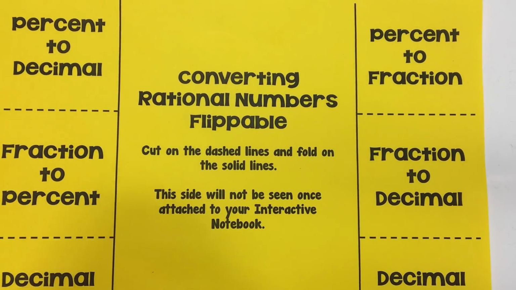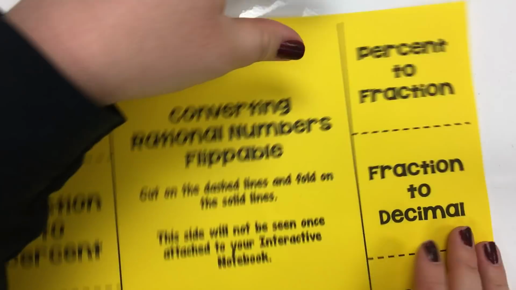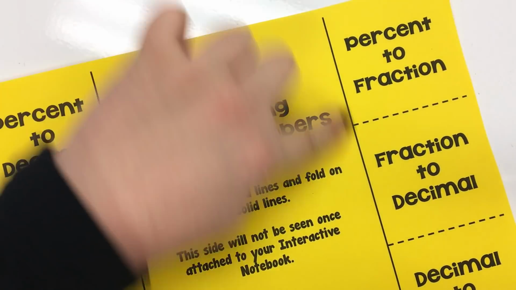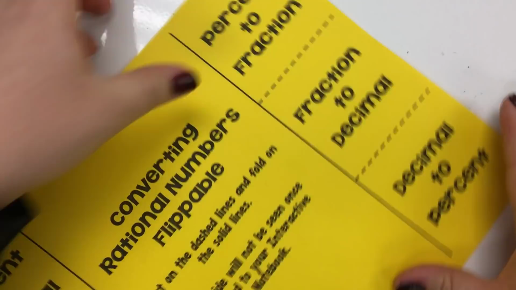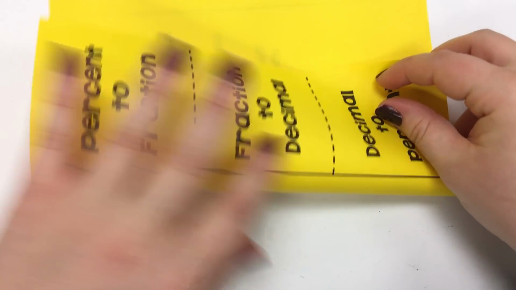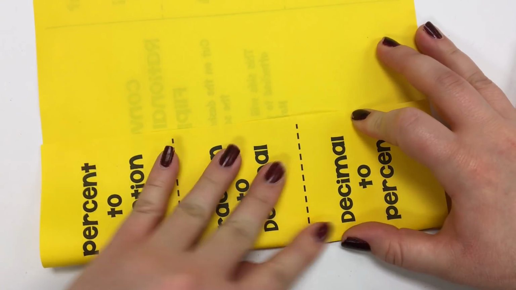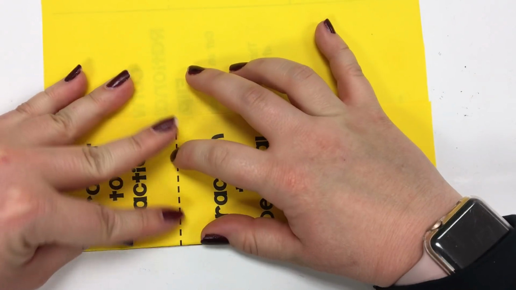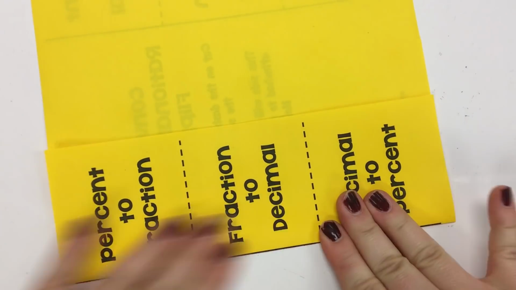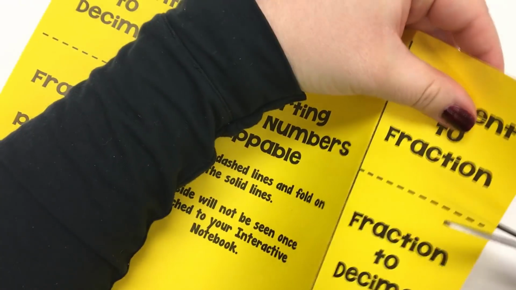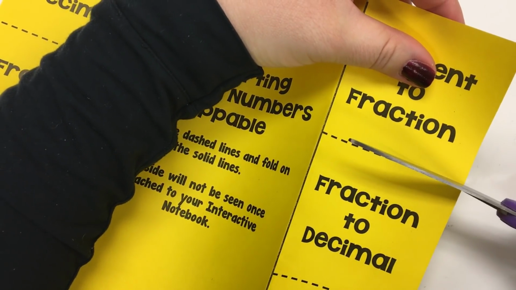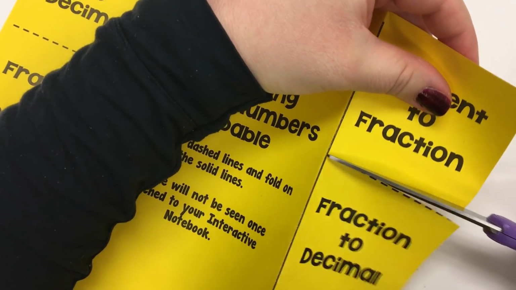So the first thing that we're going to do with our flippable is we're going to fold on these solid lines. So we'll fold on the line, and then we're just going to cut on this dotted line.